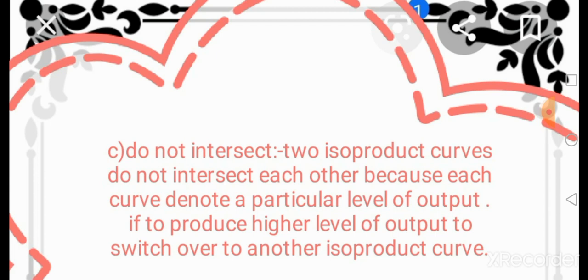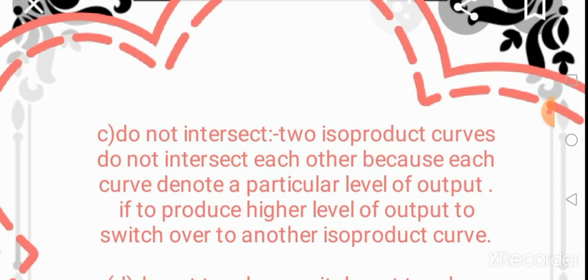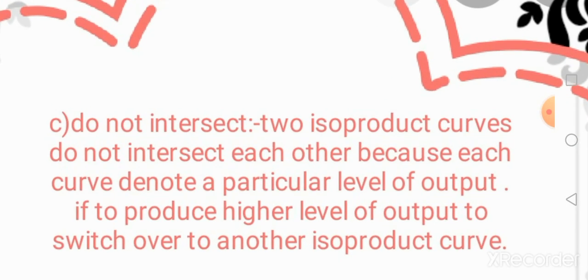If the company wants to increase the quantity of production, it draws another isoquant or isoproduct curve with the help of capital and labor combinations, by increasing capital and labor. So there is no chance of the two isoproduct curves intersecting.